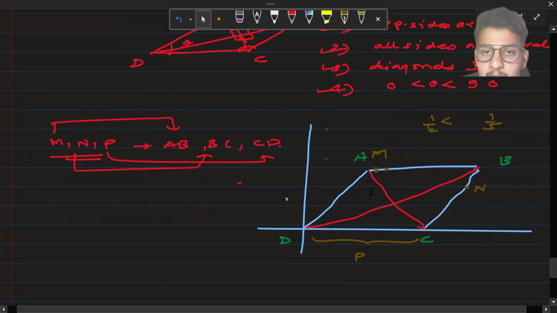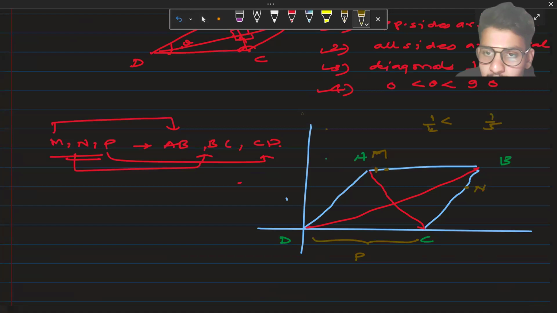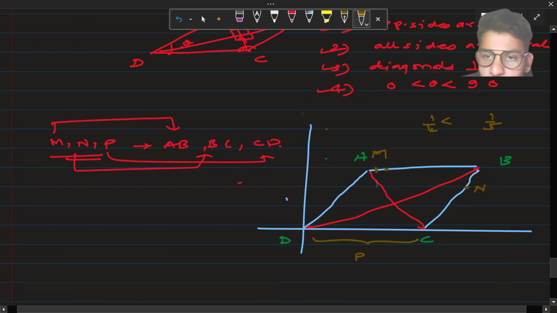Something should be given in the question to find P. They have given some information about M and N, but not about P. So you will see that the centroid of M, N, and P is G. They have given that the centroid is on BD. If the centroid of M, N, and P is on BD, like G, then you can find the position of P.